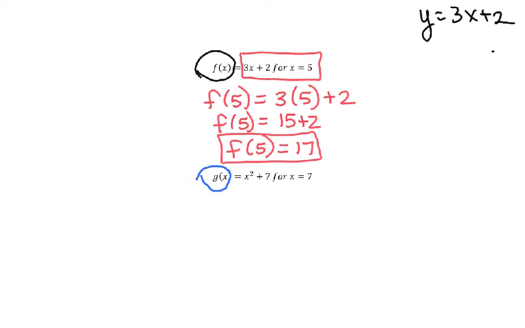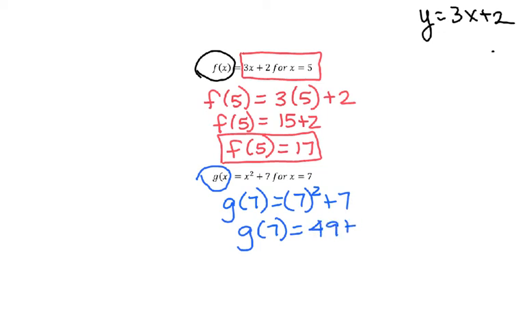Normally in this class, you'll see F, G, or H, with a couple others thrown in sometimes just for fun. So here we have g of 7 equals 7 squared plus 7. G of 7 equals 49 plus 7. So G of 7, when it's all said and done, it equals 56.